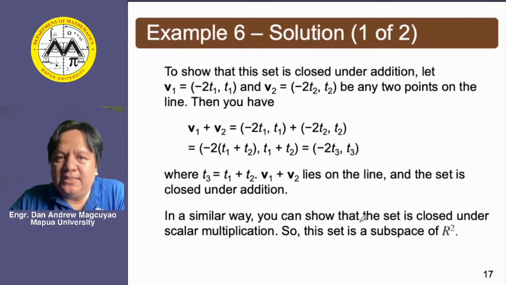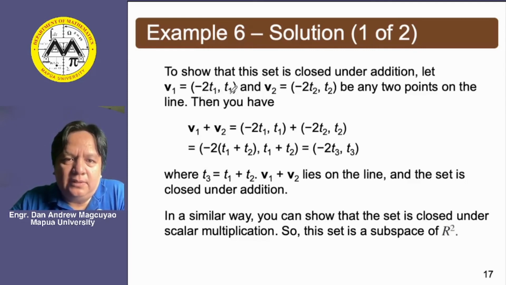To show that this set is closed under addition, if we add negative 2t1, t1 to another vector in that set, negative 2t2, t2, that would give us negative 2 times t1 plus t2, t1 plus t2.